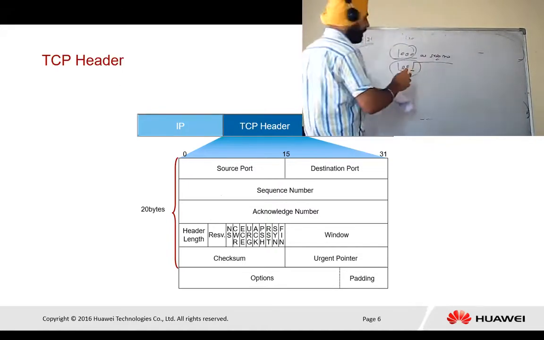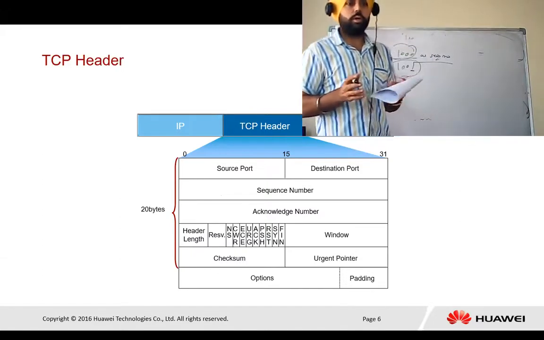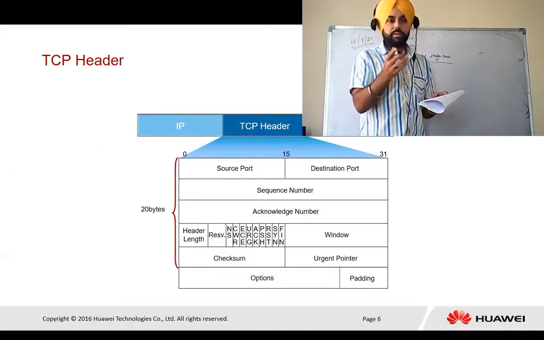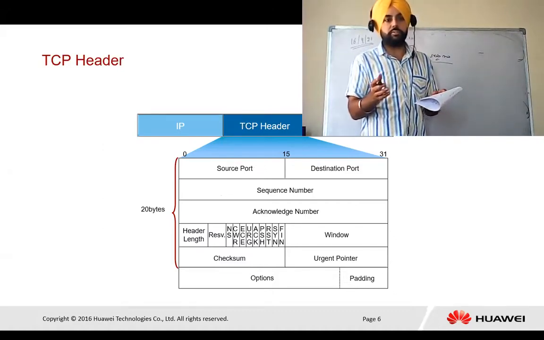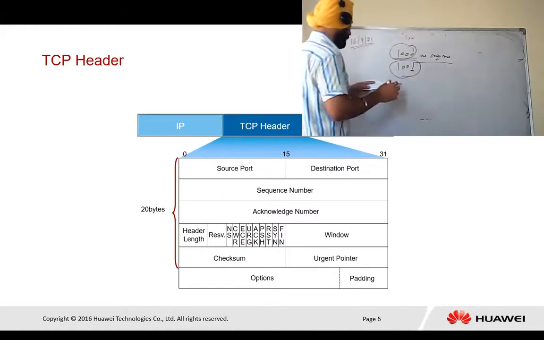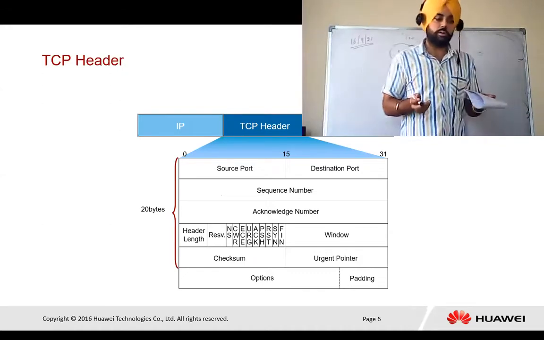Okay. So next is the window field. The left-out fields we will learn after covering all of the fields. So next we have the window field. The window field is for flow control.